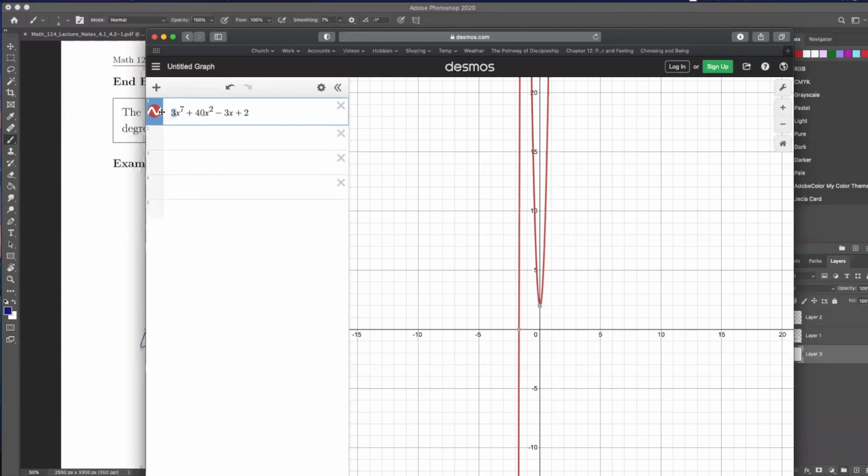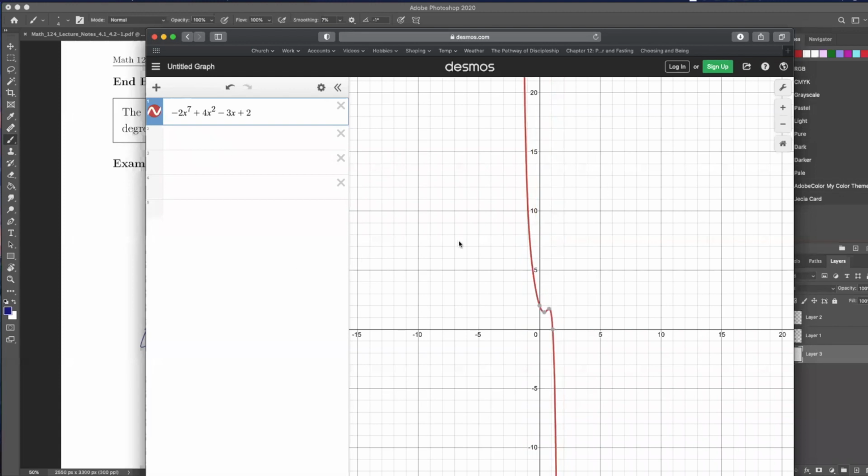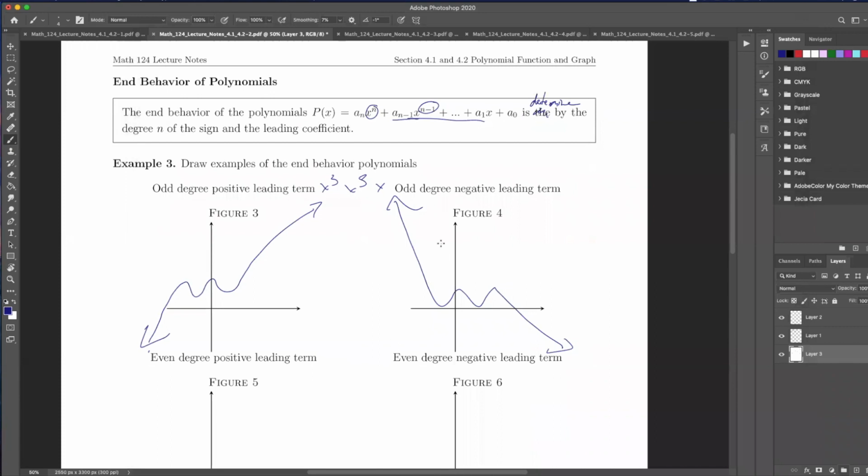Now, notice if I switch this to like a -2, we completely change what's going on here. Let's make this less crazy. There we go. So now we have a negative number up front, so it's going to be positive going out, right? As we have down here, positive, and then it goes down to negative.